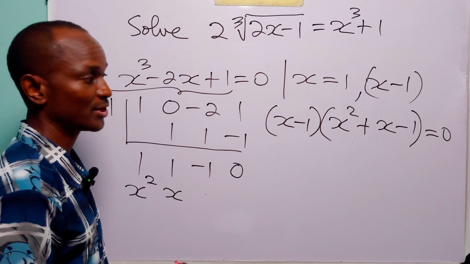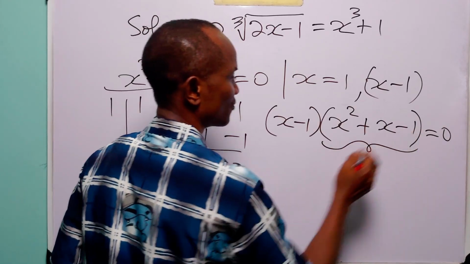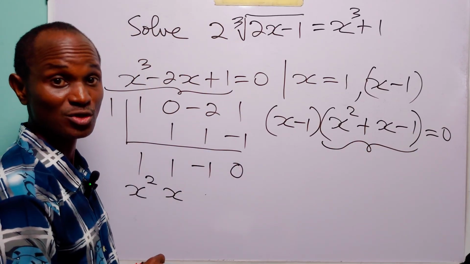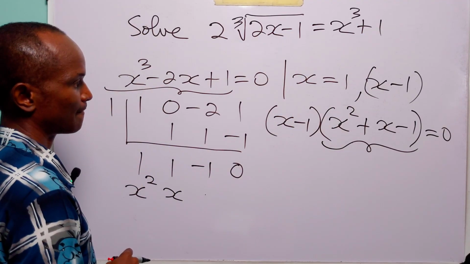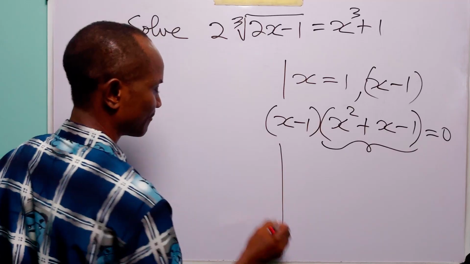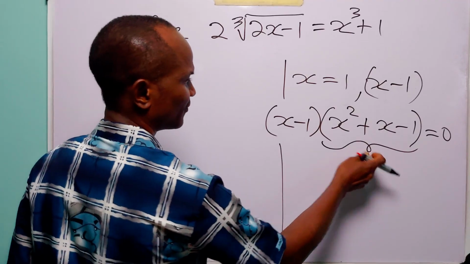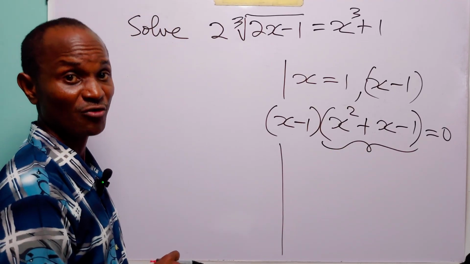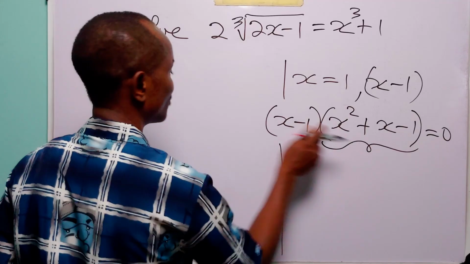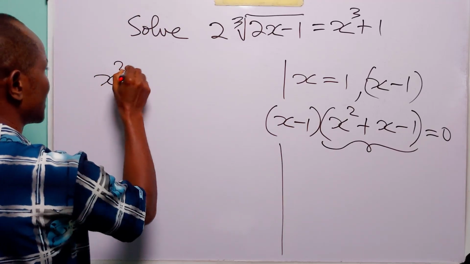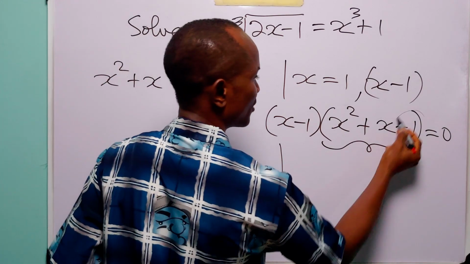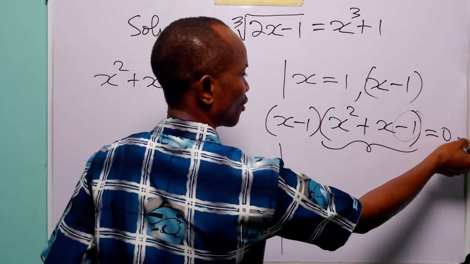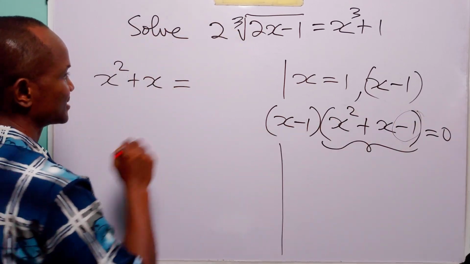So the next thing we are going to do is that we are going to solve this quadratic equation for the other two values of x, which satisfy the original equation. Now we cannot factorize this equation, so let us solve by completing the square. We have x squared plus x is equal to, we are going to move this constant over to the right hand side.